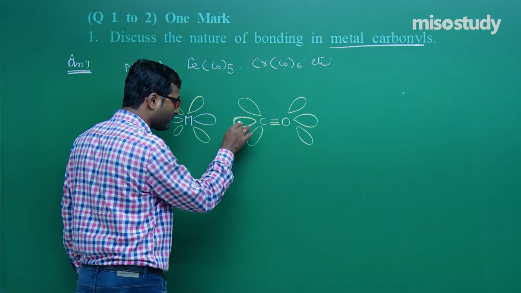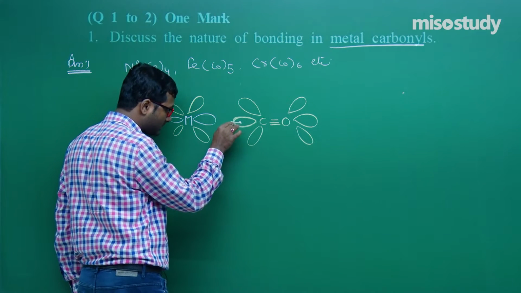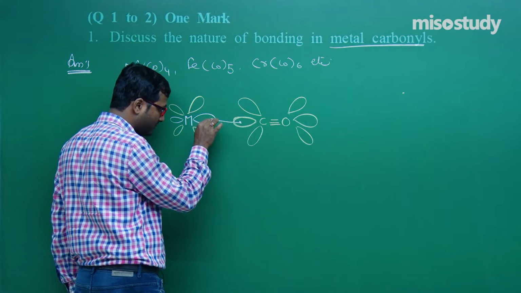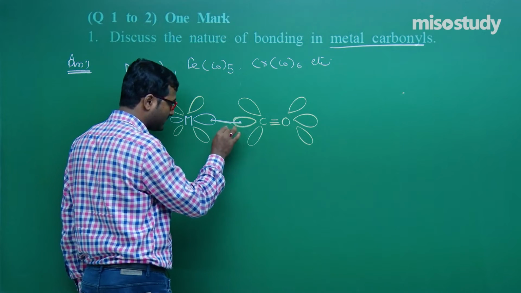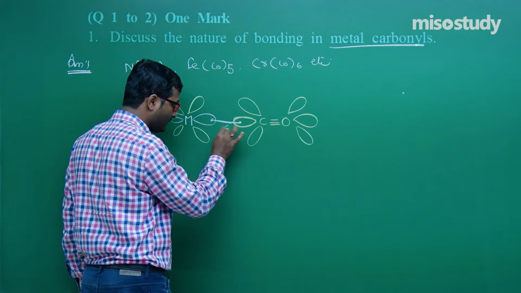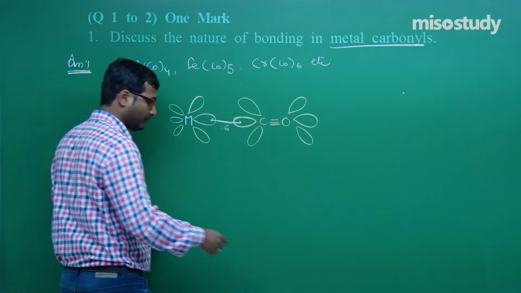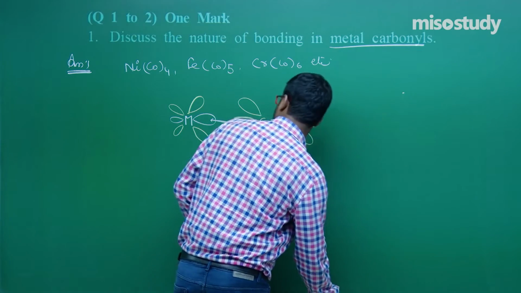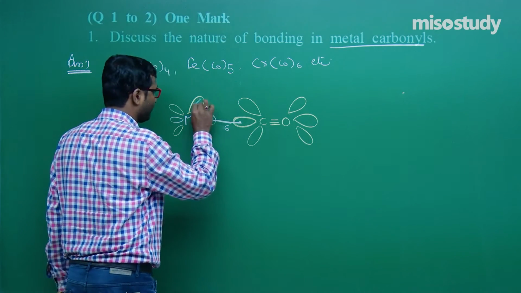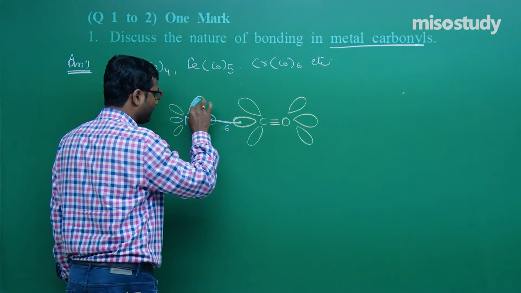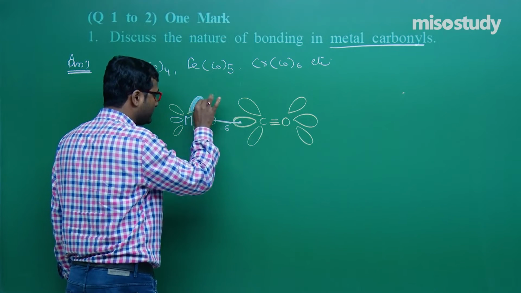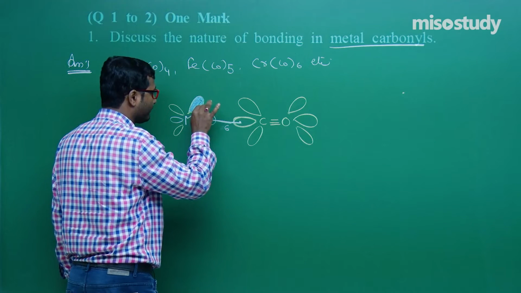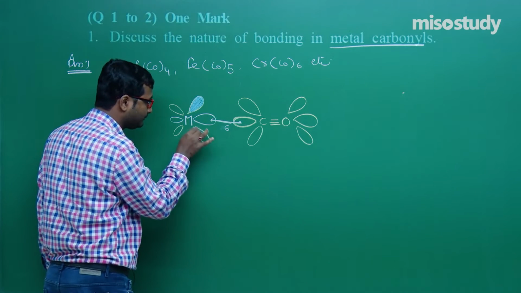Now, it gives the lone pair of electrons to this, that is sigma. Clear? That is the ligand donating electron.